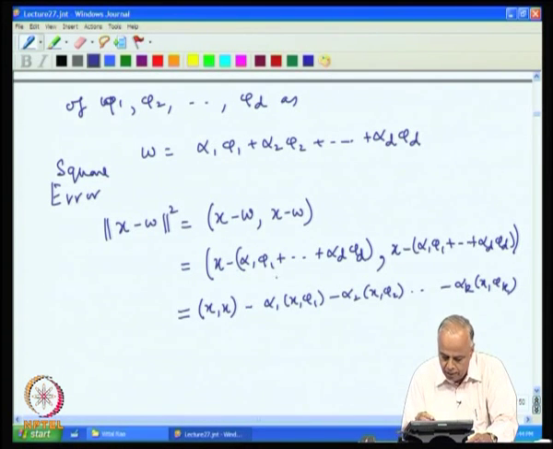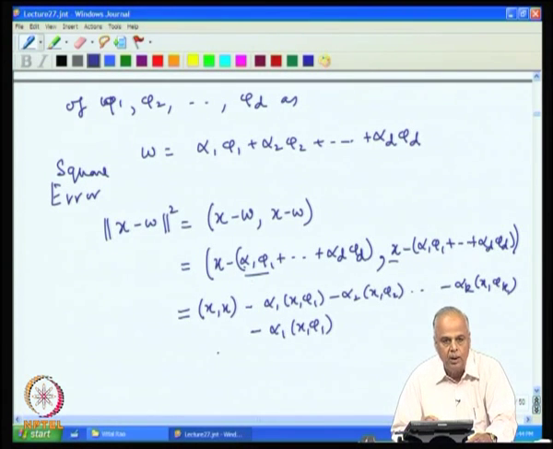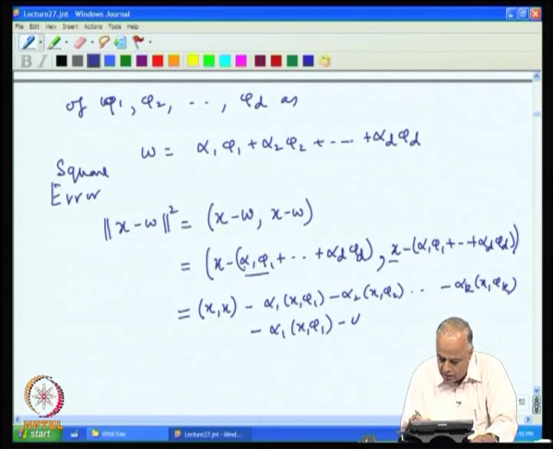Then we get another from here, minus alpha 1 phi 1 comma x, but since we are in the real space the dot product is commutative, x dot u is the same as u dot x. So, again we can write it as x comma phi 1, x comma phi 2 and x comma phi d.